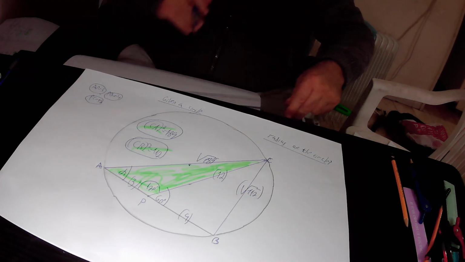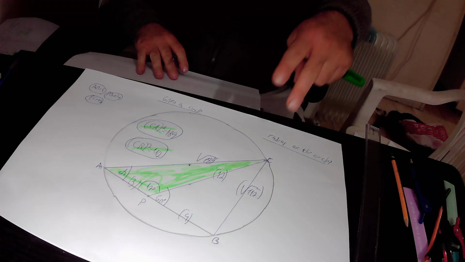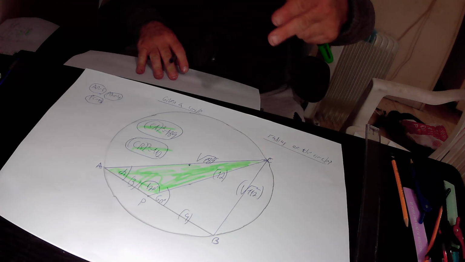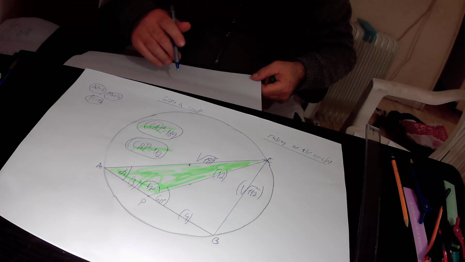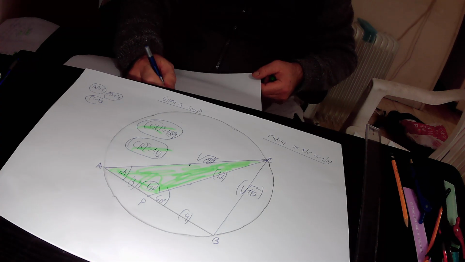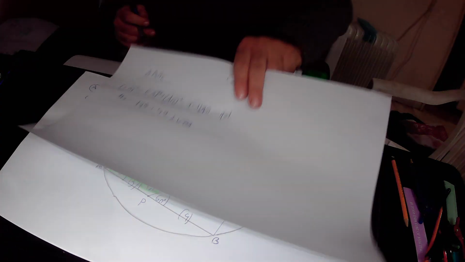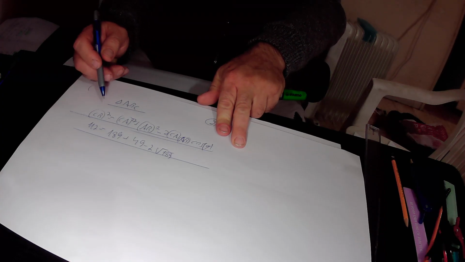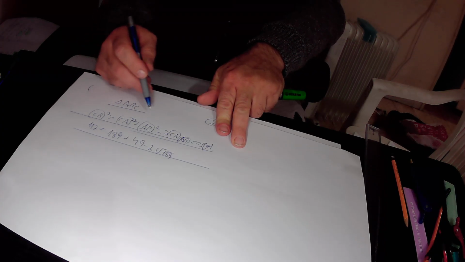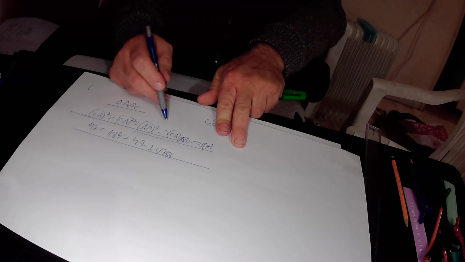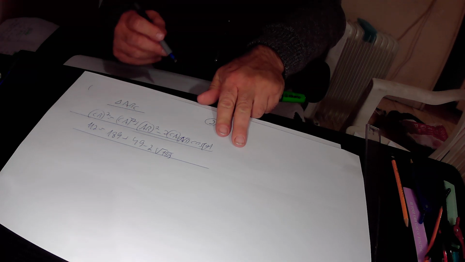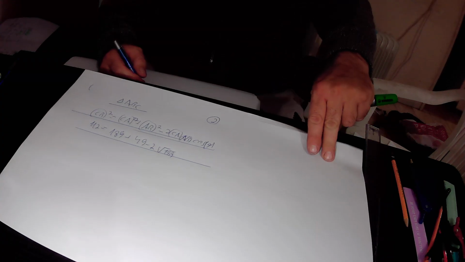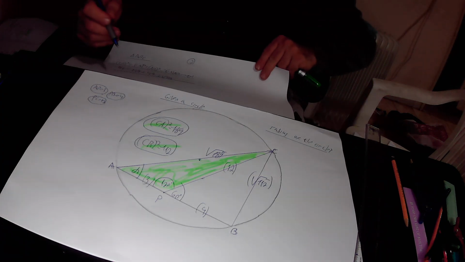Again, in this triangle ABC, according to the law of cosines, the following equation is true: CB squared equals CA squared plus AB squared minus 2 times CA times AB times cosine alpha.